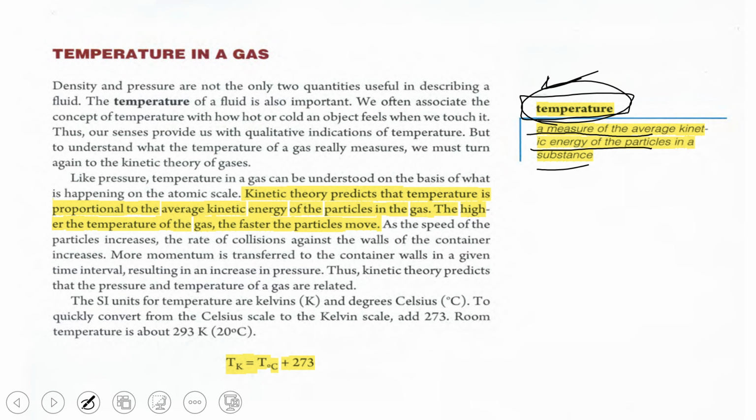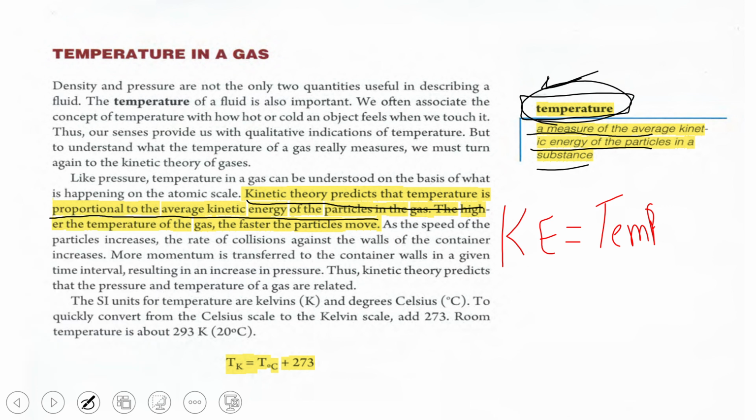How? We have this note. Kinetic energy: temperature is proportional to the average kinetic energy of the particles. KE, kinetic energy of the particle, is proportional to temperature. You know the meaning of proportional: both of them increase at the same time, or both decrease at the same time.